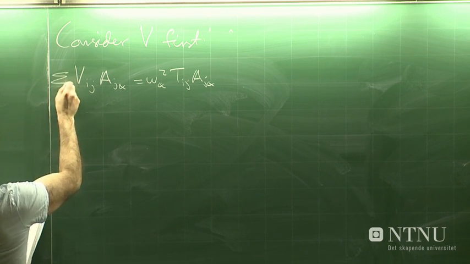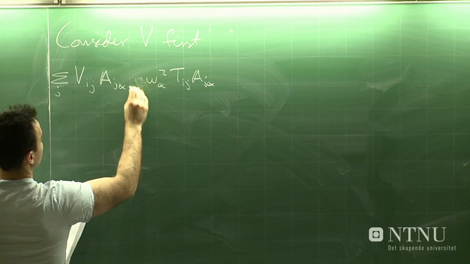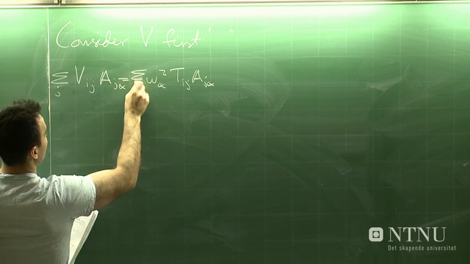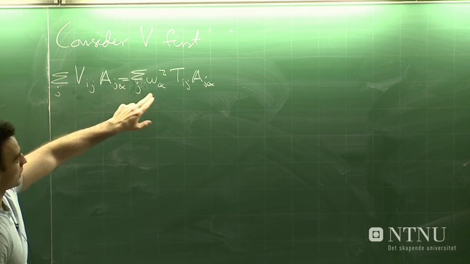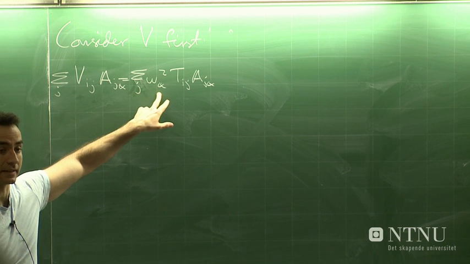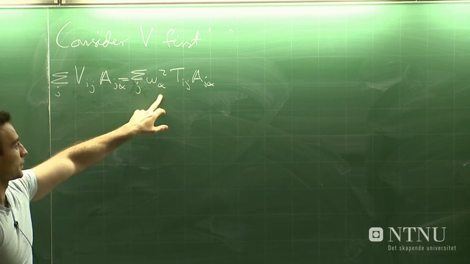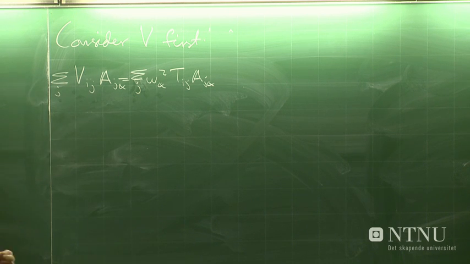So let me be specific here to avoid any confusion about which indices you should sum over or not. So there's a sum over j here, but there's no sum over alpha, even if this is a repeated index. So I'm writing here the summations explicitly.